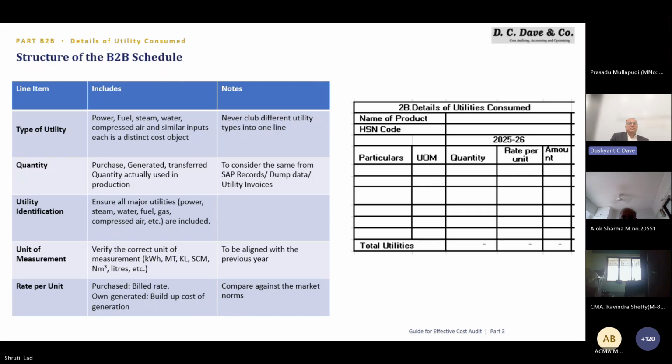This answers again offer cost trends in the utility. And secondly, always compare utility cost per unit on a year-on-year basis.